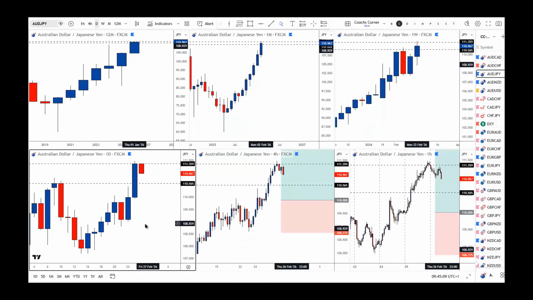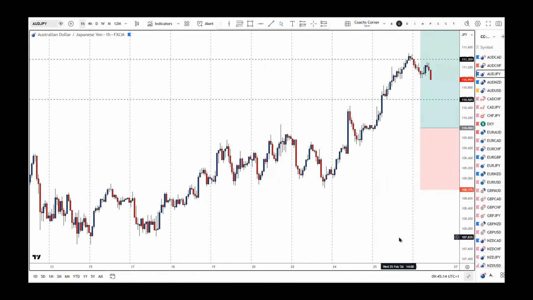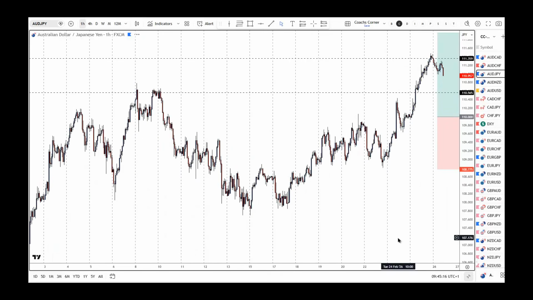And now I want to go down to my entry time frame, which will be the hourly chart, and I need to build a case for an entry. In this specific case, I don't have the natural stop, it is down in here.